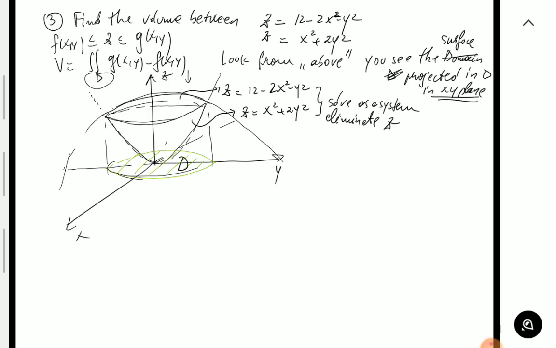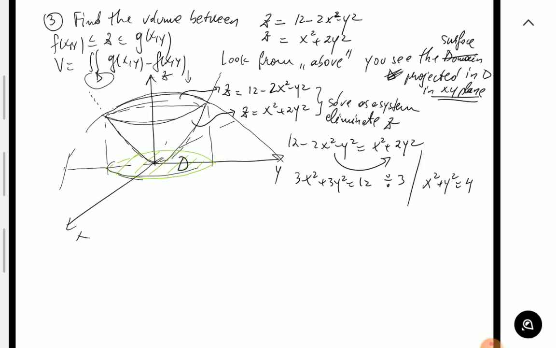So when I set this equal to each other, I made it so that the numbers look nice. Move everything to the right hand side. That's 3x squared plus 3y squared equals 12. Divide by 3. That gives me x squared plus y squared equals 4. So notice how patient you should be before you actually set up the integral.